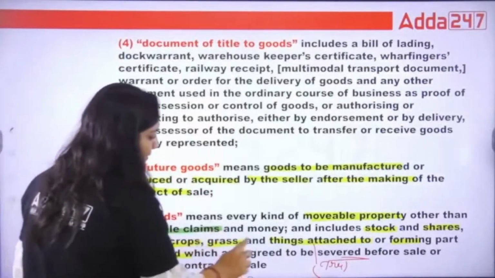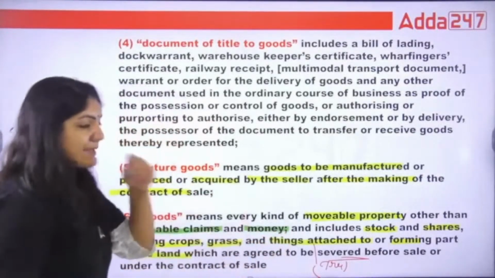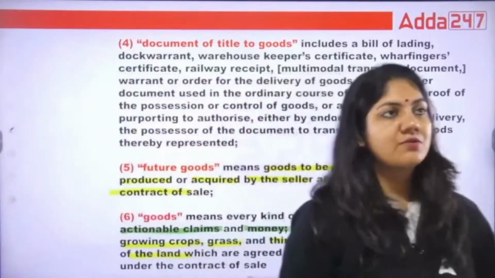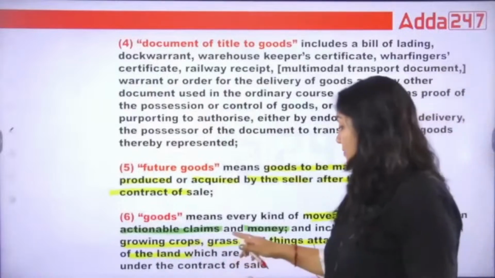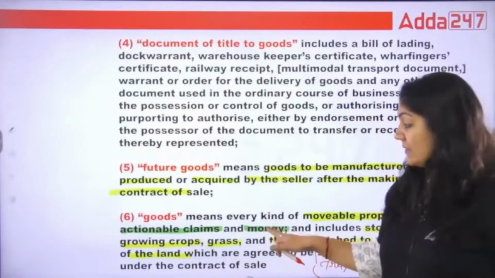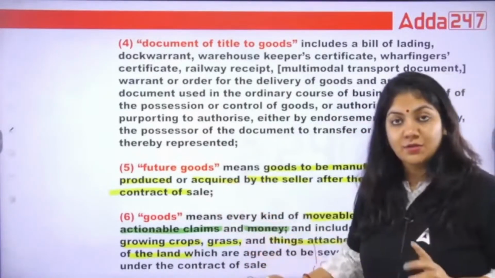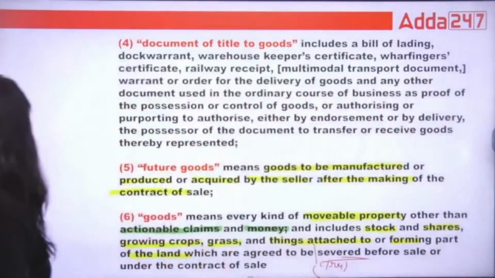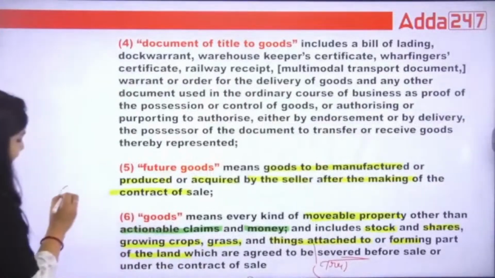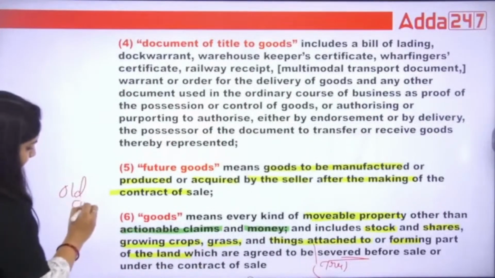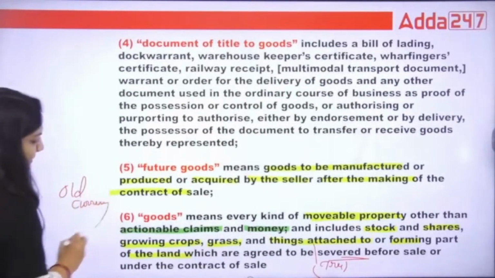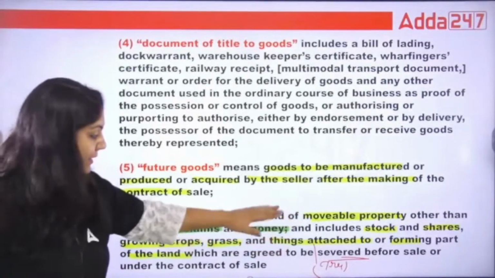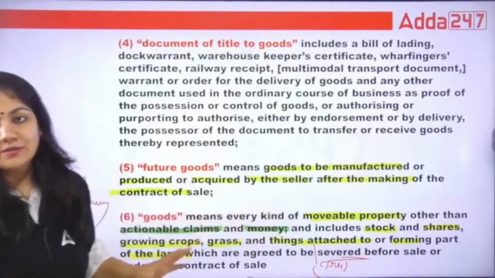And what is not included? Actionable claim and money. What is money? The currency which is currently in circulation, 2000 note, 500 note, that is called money. Money will not come under goods. The old currency, please class, note it down, is included as movable, but the currency which is in circulation is not included.